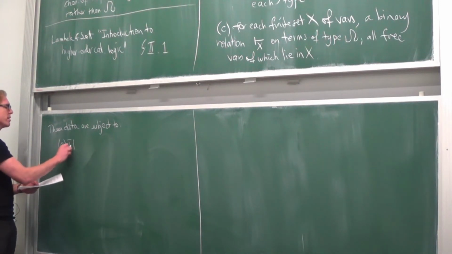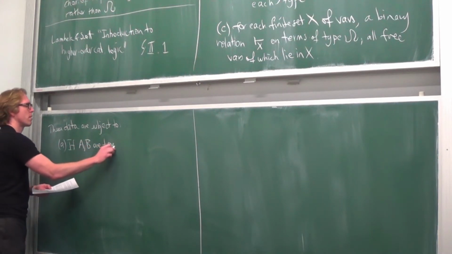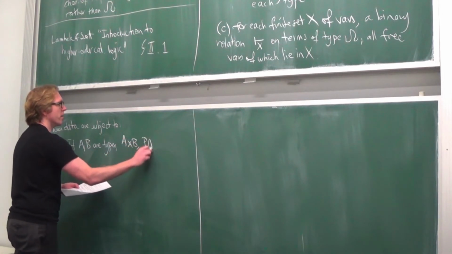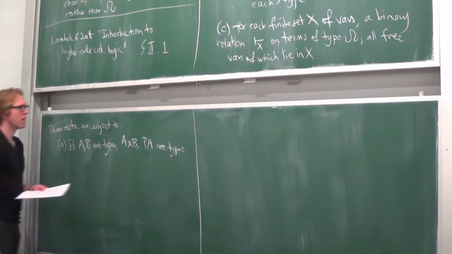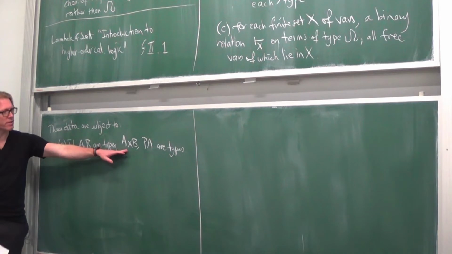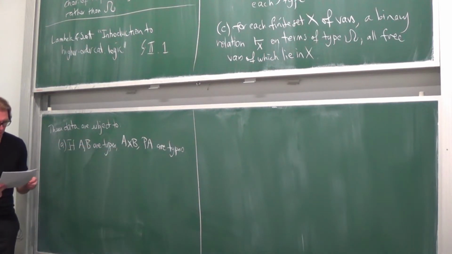So if A, B are types, A cross B and PA are types. There may be other type formation operations, so there are many different type theories. The basic or pure type theory only has these formation rules, but in a general type theory there may be others.